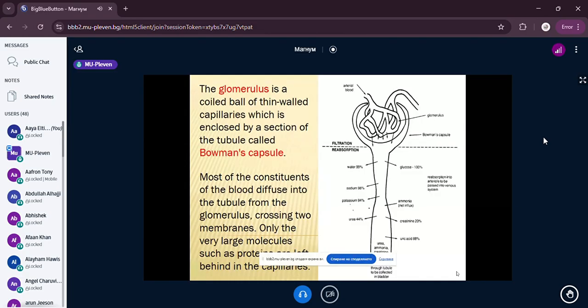Not dialysis. Dialysis, which means diffusion of more than one type of molecule, is observed in the tubule part of the nephron, as you may see here. We have glucose, which will require some transport protein.